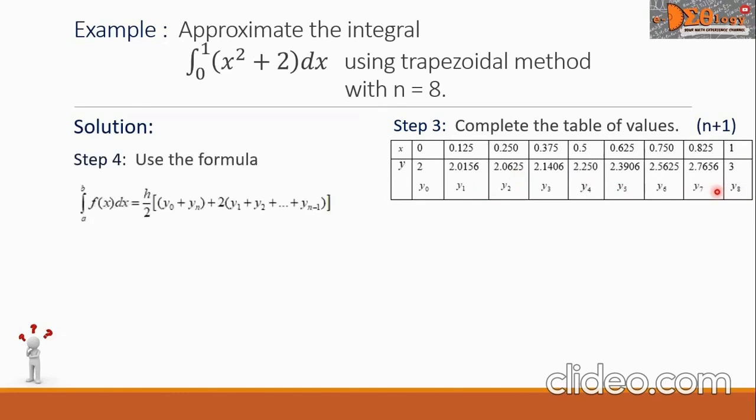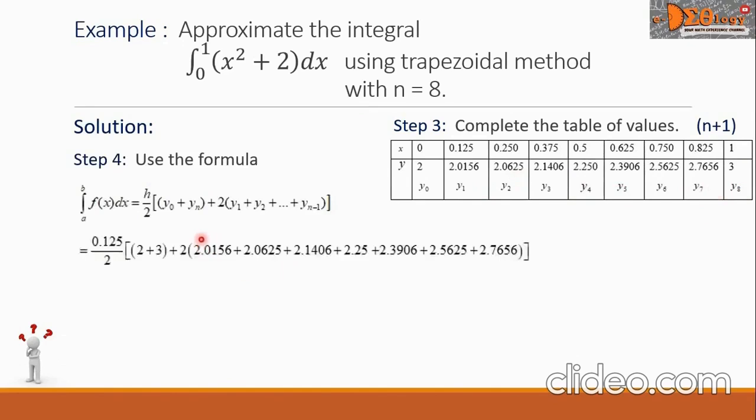Now step 4, we're going to use the formula. Then let us substitute the corresponding values. So our h is 0.125 over 2 times the quantity y sub 0 plus y sub n, in this case y sub 8.